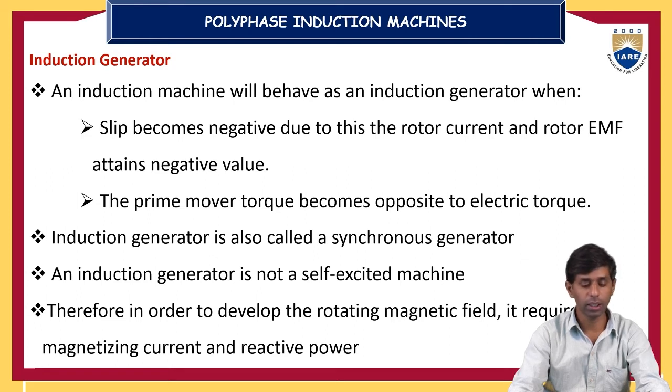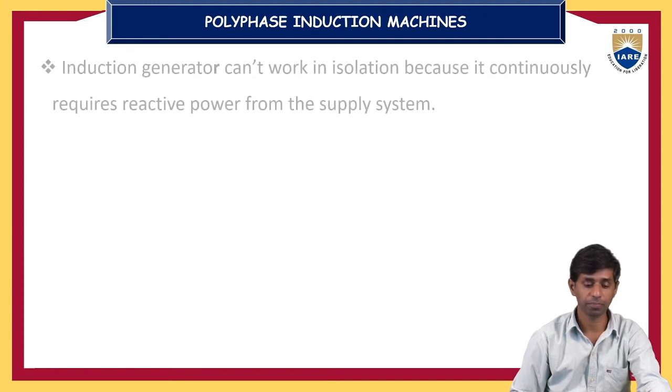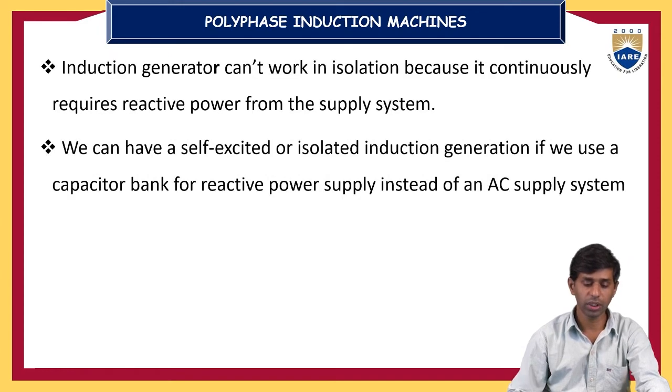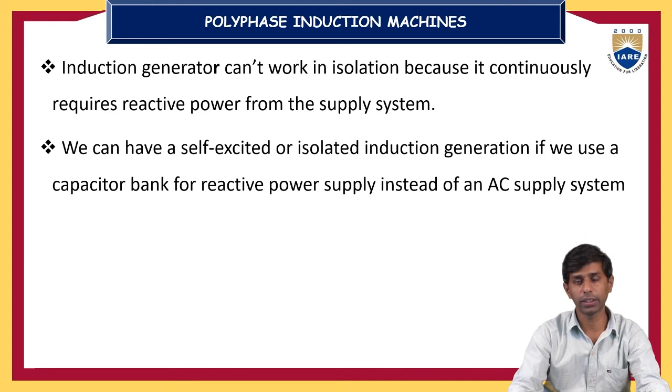That is why the induction generator is generally not a self-excited machine. It cannot work in an isolated case. It must have magnetizing current to develop the rotating magnetic field, as well as reactive power for the machine. So we can make the induction generator self-excited as well.